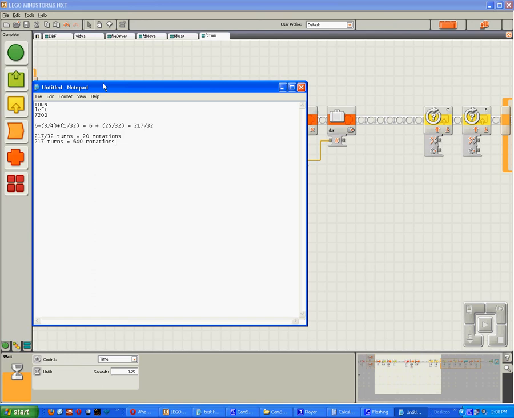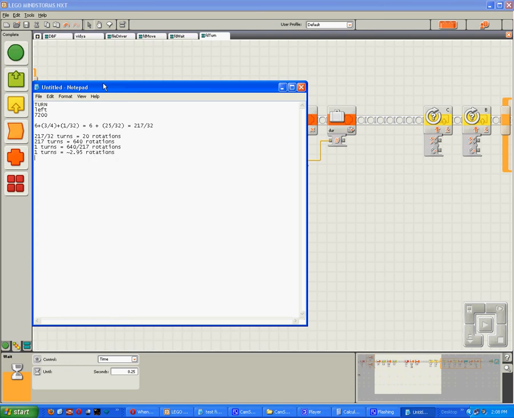But I don't want to do that. I want to figure out how many one turn is. So I divide both sides by 217, and I get 640 divided by 217 rotations. Now, my calculator tells me that that is about one turn equals about 2.95 rotations.